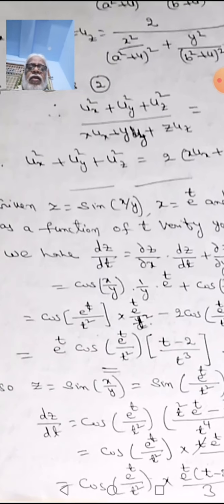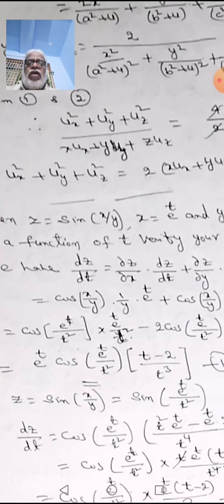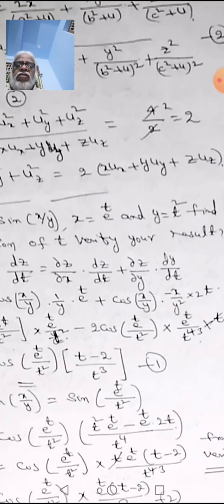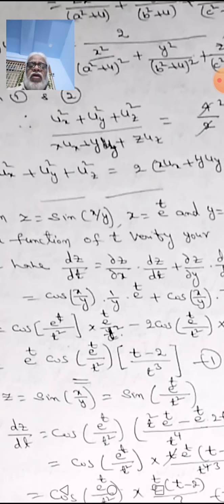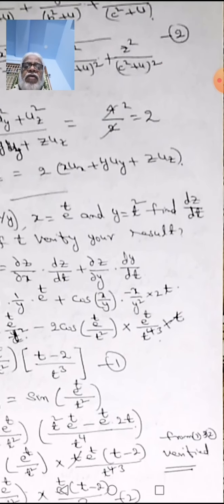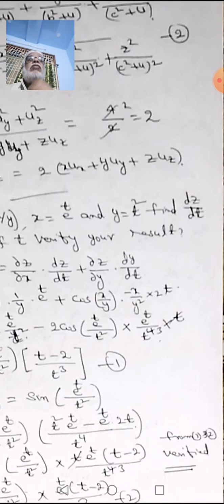So dz by dt is dou z by dou x into dx by dt plus dou z by dou y into dy by dt. These are the values: cos of x by y into 1 by y into e power t plus cos of x by y into minus x by y square into 2t.